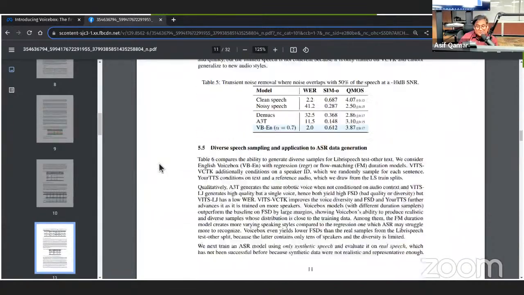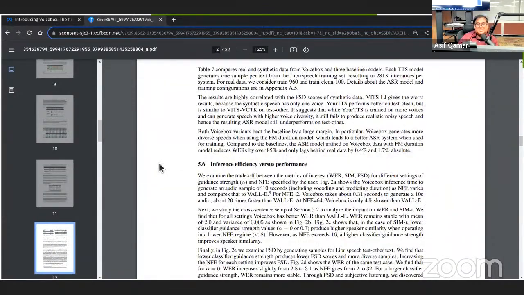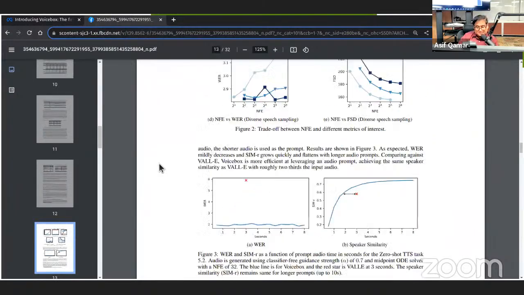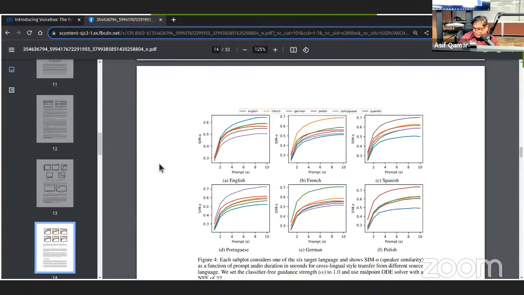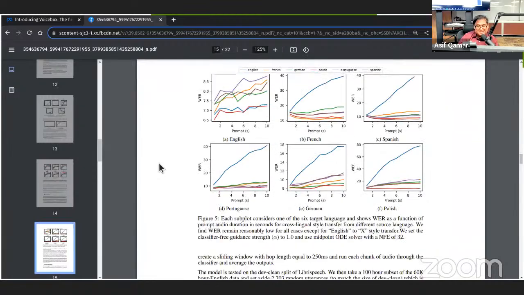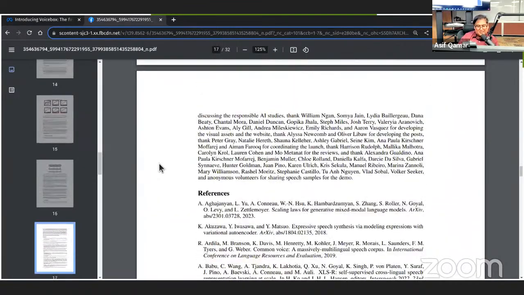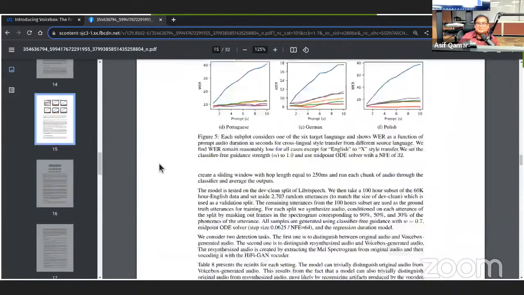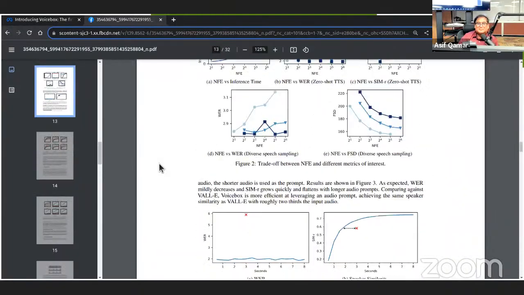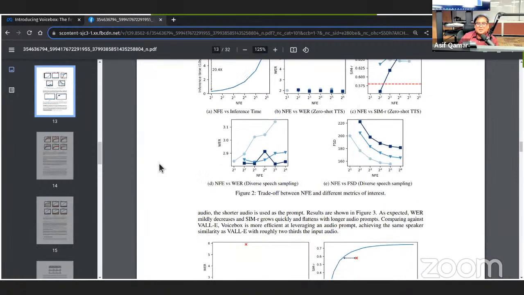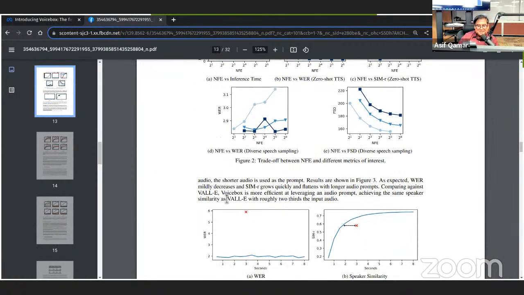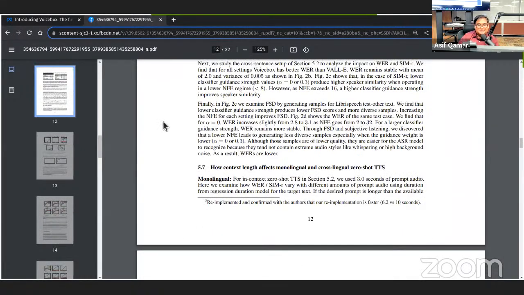I mean, Voicebox is practically magical at this moment. It beats everything. And the tragedy is Facebook is getting the same infection as OpenAI. They don't want to release their code or their model anymore. So all we can do is appreciate this paper, be impressed with their results, and then twiddle our thumbs because none of us have access to it.